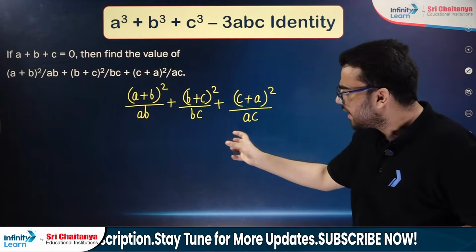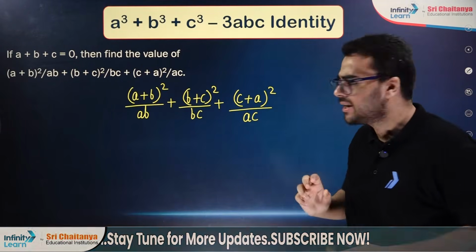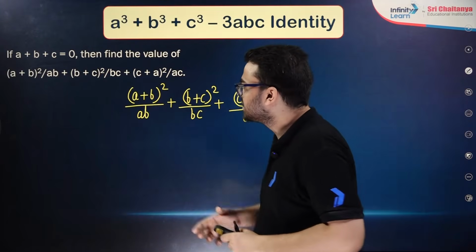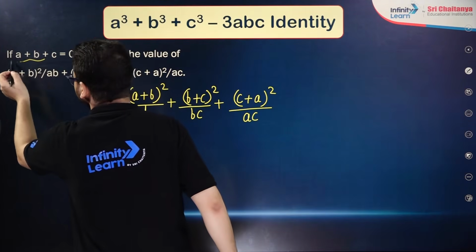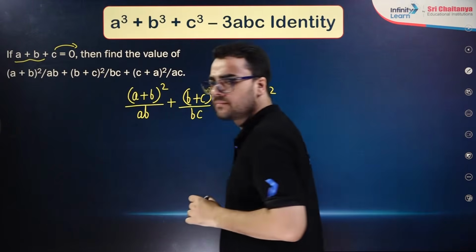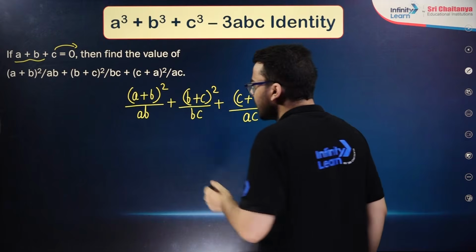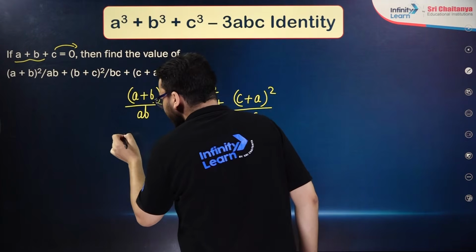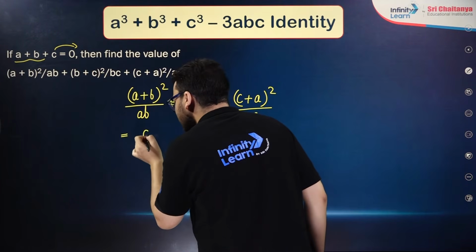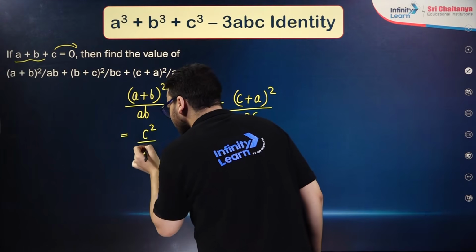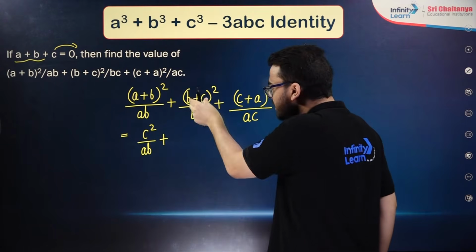Now you see what I can do in this case. That is the first thing: in place of a plus b, can I write minus c? Yes, in place of a plus b, I can write minus c. So minus c square it is basically, and minus c square is c square only, right? Then in the same manner, what is b plus c?